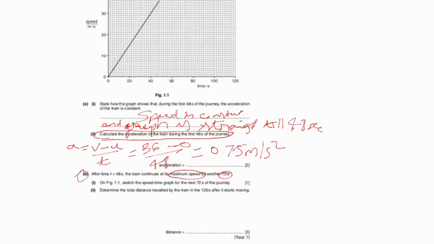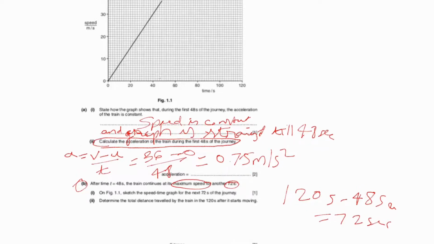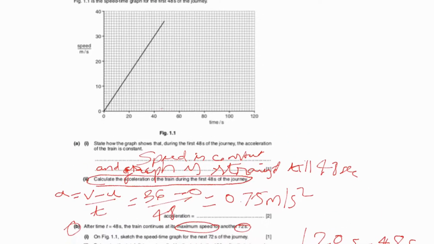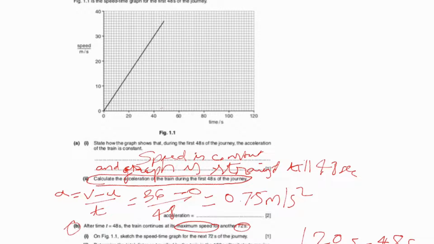The next 72 seconds means 120 is the final time, so 120 minus 48 equals 72 seconds. So for the next 72 seconds, we will draw the graph here. This is the maximum speed at which it is running, so it will be a straight line from here till the end. So this is the answer for this one.